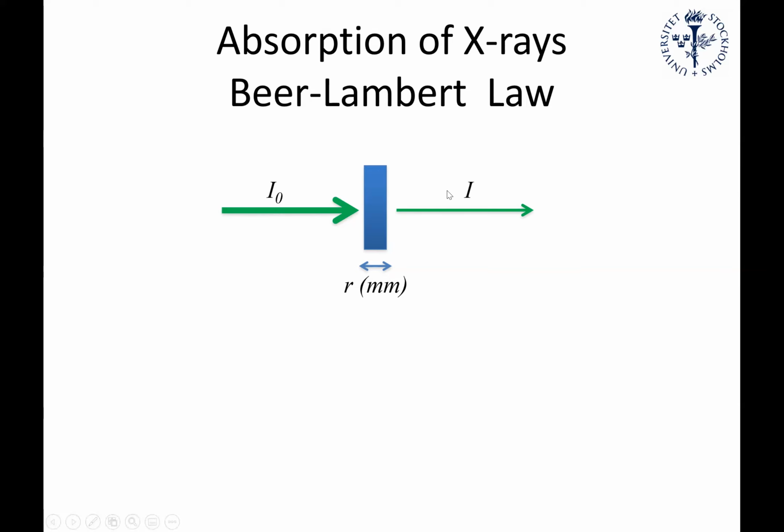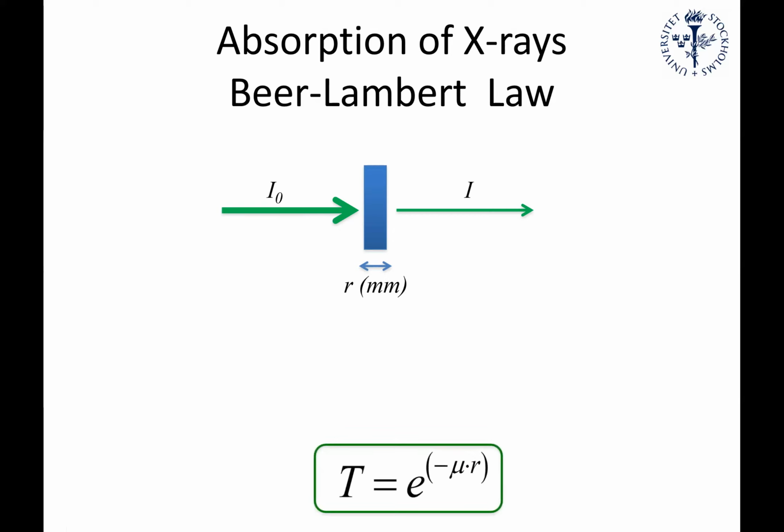So perhaps you would expect that the X-ray beam coming out of the crystal has a lower intensity compared to the incident X-ray beam. And this is going to depend on the thickness of the crystal, as well as what elements you have in there, and also the density of the crystal. So basically, the more electron density that you have in your crystal, the more X-rays will be absorbed.